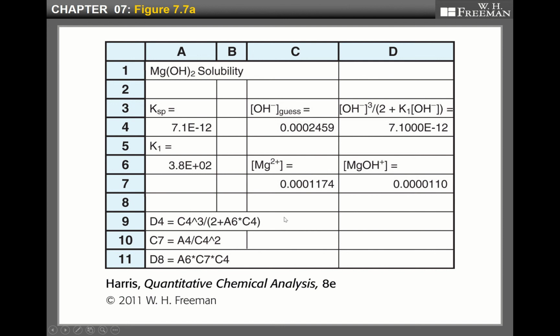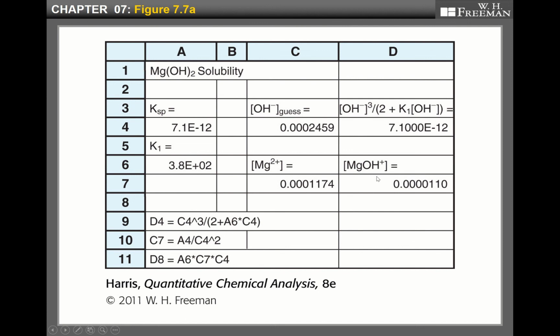First you need a guess of this hydroxide ion concentration. You can start from 0.0001, because the hydroxide ion concentration may be low. So you make a reasonable guess, and then in this Excel cell, you write this equation and calculate.